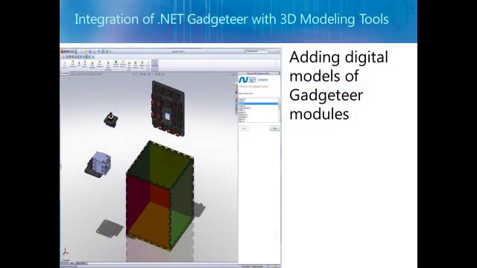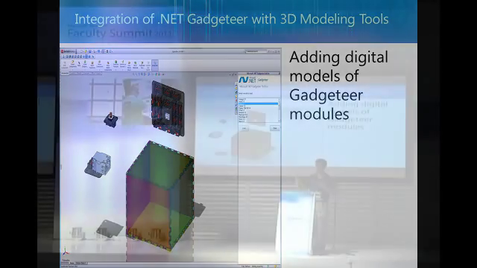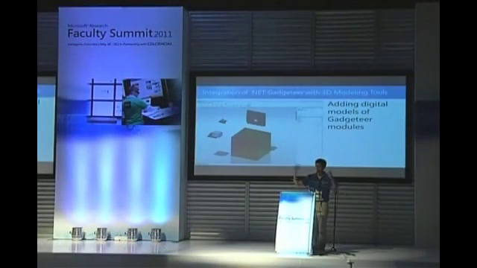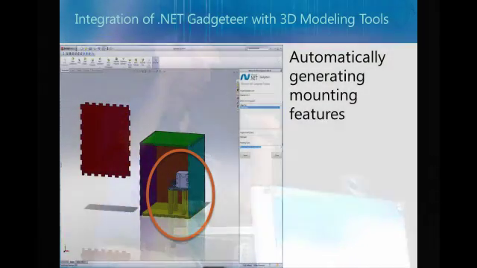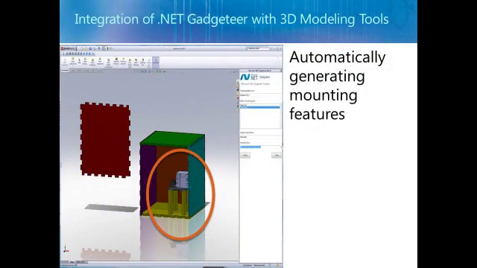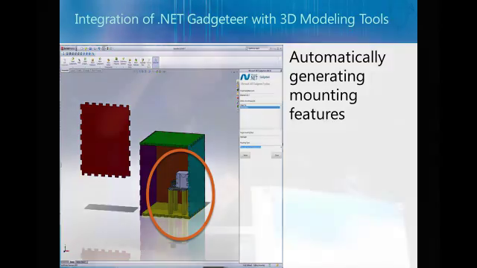Then I say, in my box, I want to have a mainboard, a button and an Ethernet connection. And it will load very accurate models of those modules into the software. Then I place them inside the box, and it will automatically generate little mounting fixtures.